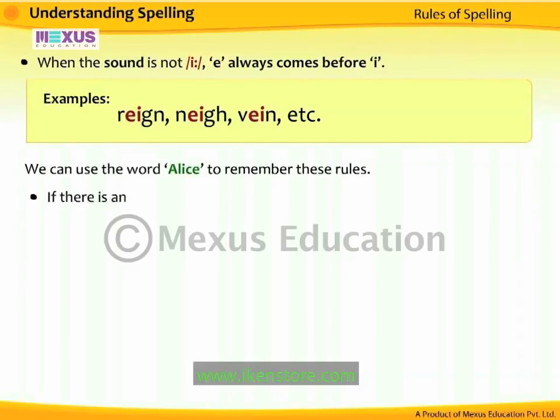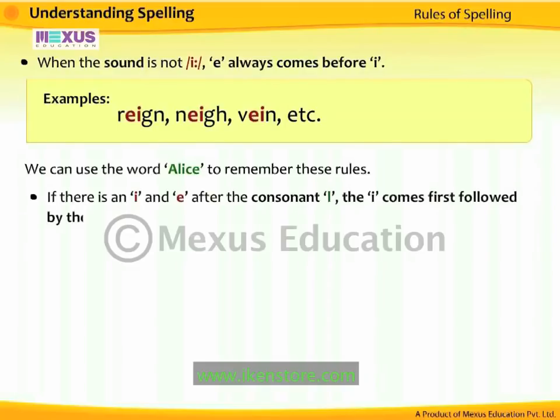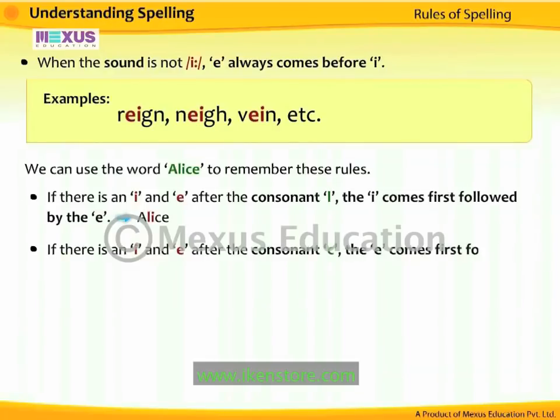If there is an I and E after the consonant L, the I comes first, followed by the E. If there is an I and E after the consonant C, the E comes first, followed by the I.